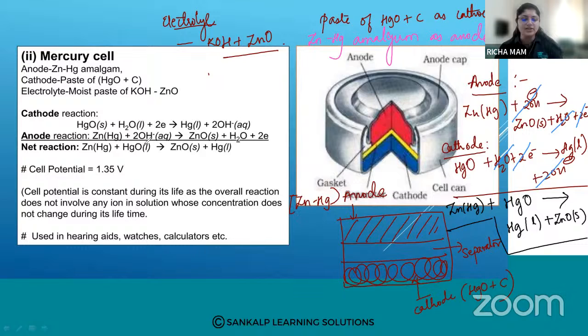What is the cell potential? It is approximately 1.35 volts, and this remains constant.